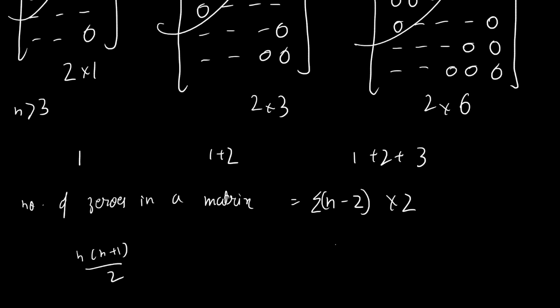So here, when n is given to be n minus 2, I can simply substitute the value of n with n minus 2, and this will be equal to n minus 2 times n minus 1 upon 2 times 2, which will further come out to be n square minus 3n plus 2.